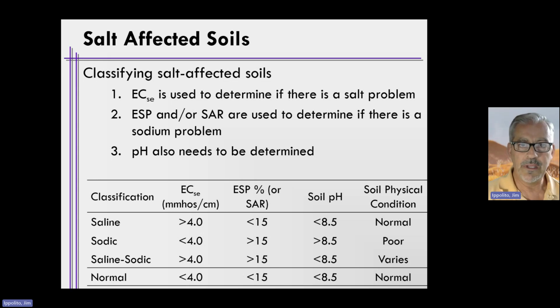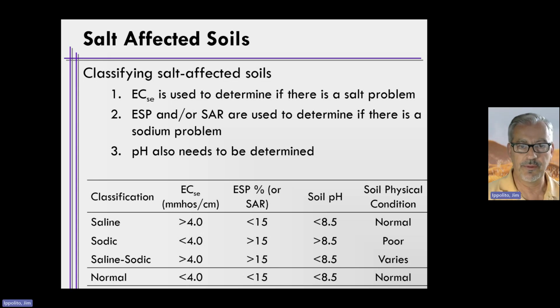The way that we classify soils that may be affected by salts or sodicity, sodium, is we typically use electrical conductivity to determine if there's a salt problem in the soil. And then we use exchangeable sodium percentage or SAR, sodium adsorption ratio, to determine if there's a sodium problem.